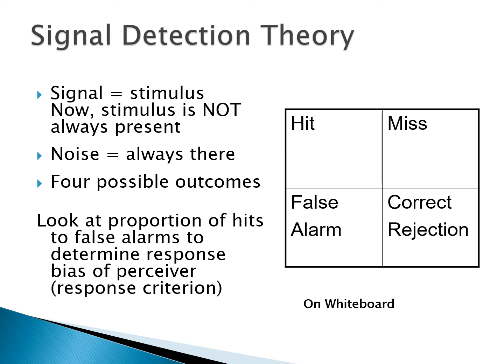Okay, and now we can look at the proportion of hits to false alarms, and we can see something about the response bias of the perceiver. So this is their response criterion, their motivation, basically how much do I want this hearing aid. And we can manipulate that motivation with people sometimes, but what this proportion of hits to false alarms gives us is a better idea of their absolute threshold.